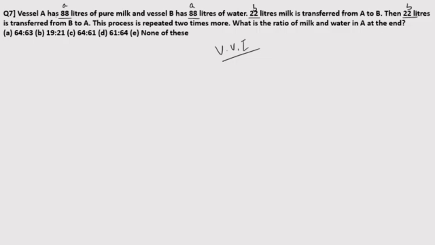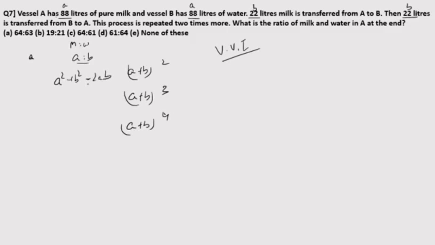After the first operation, the milk to water ratio is A is to B. After the second operation, the ratio is A plus B whole square. Third operation, A plus B whole cube. Fourth operation, A plus B whole to the power 4, and that goes on. For the second operation, milk to water is A square plus B square is to 2AB.